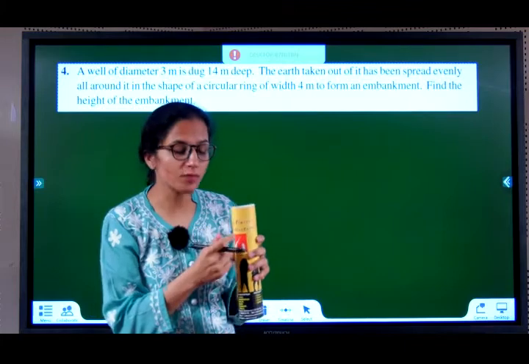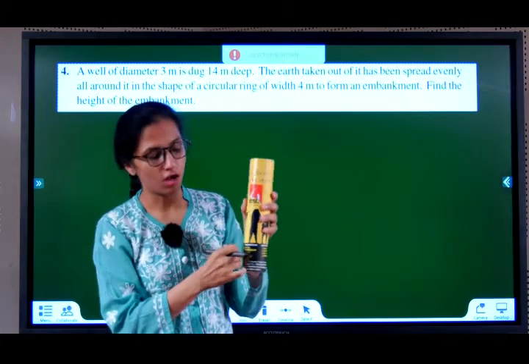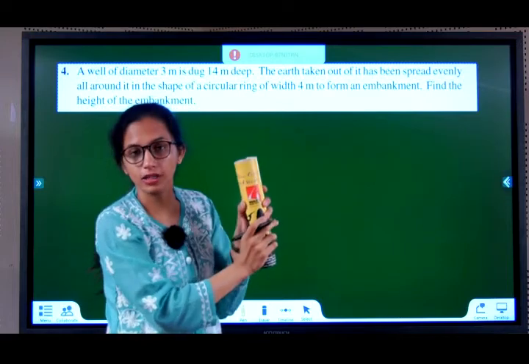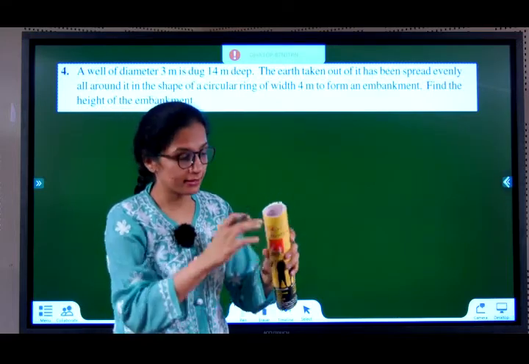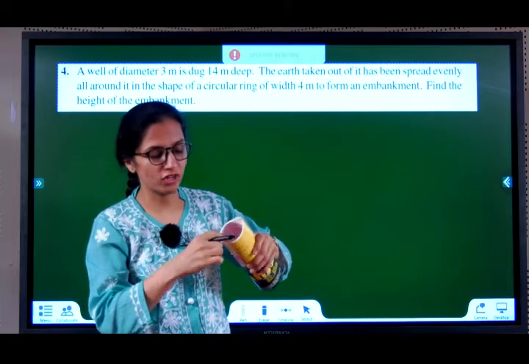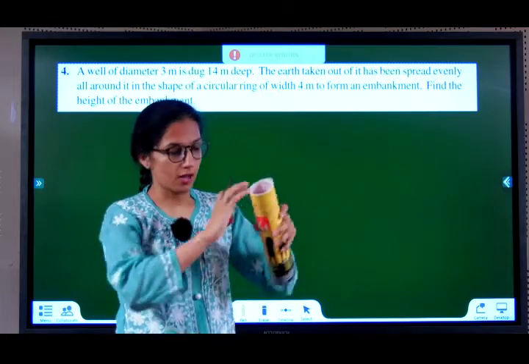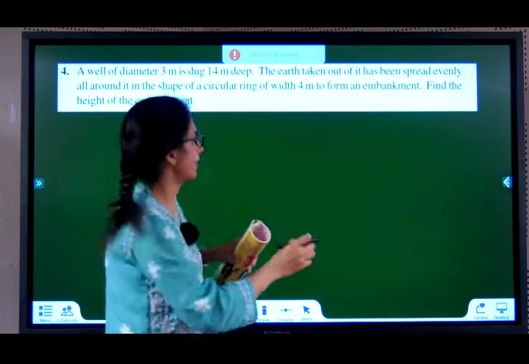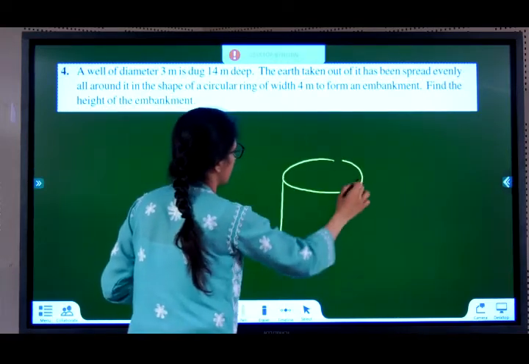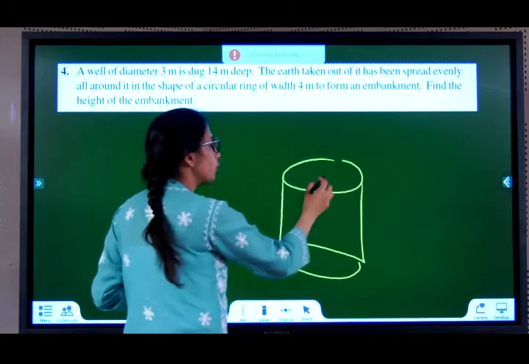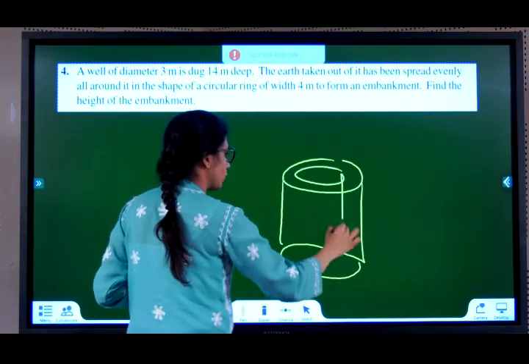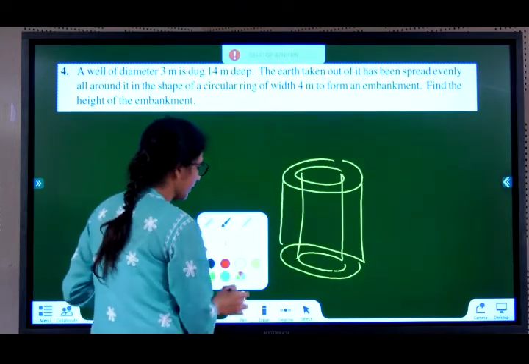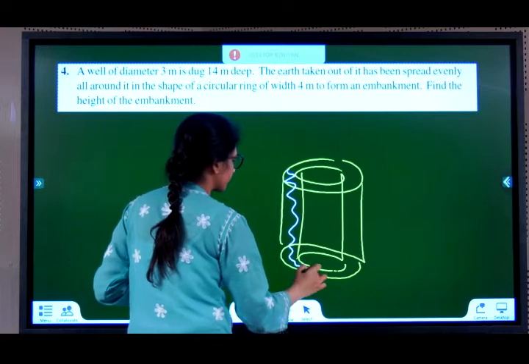If I ask you how much material is used to make this container? Full container, the outside radius, minus inside's volume will give you this volume. Do you agree? Full container, take that full pi r square h. From this, how much ever is there inside, that one's volume, you remove it. Then you will get this part.